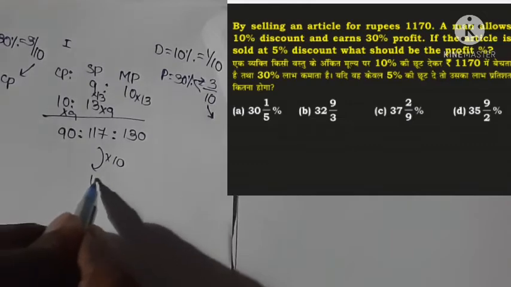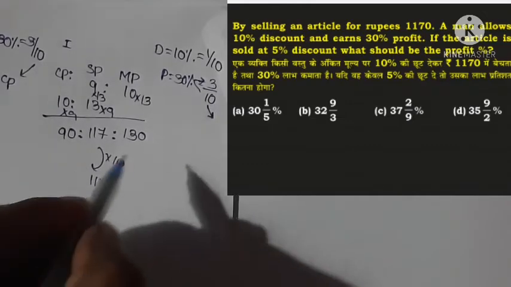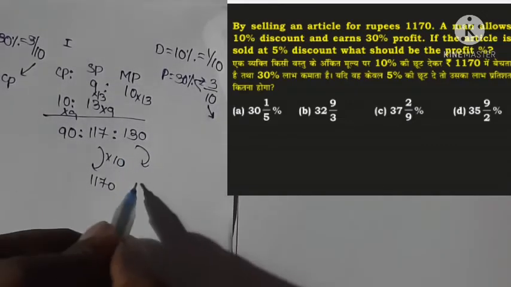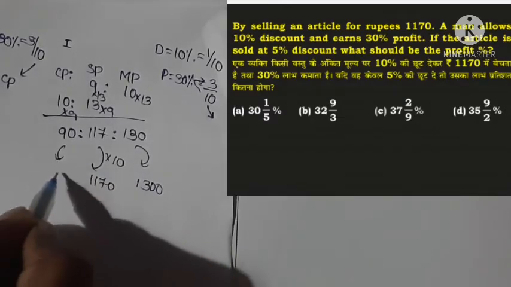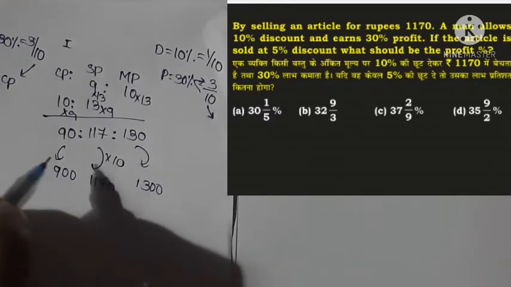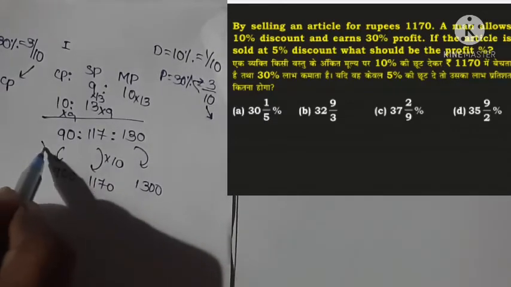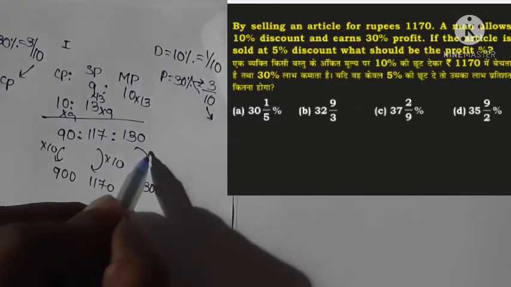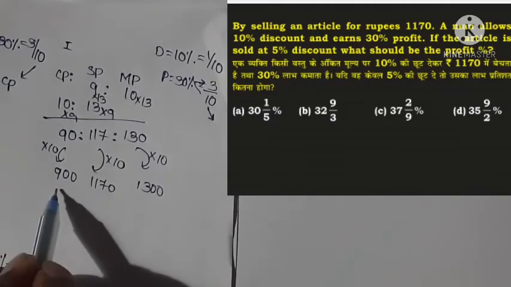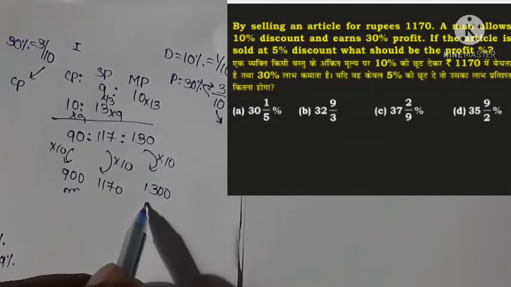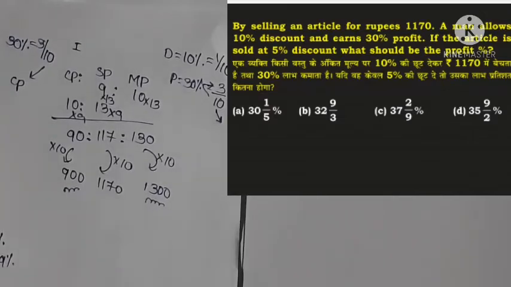So the value is 1170. So 1300. So the value is 900. So the cost price is 900 and the mark price is 1300.